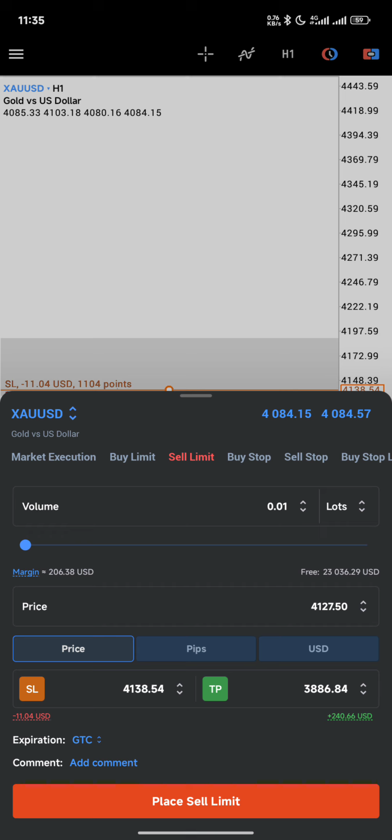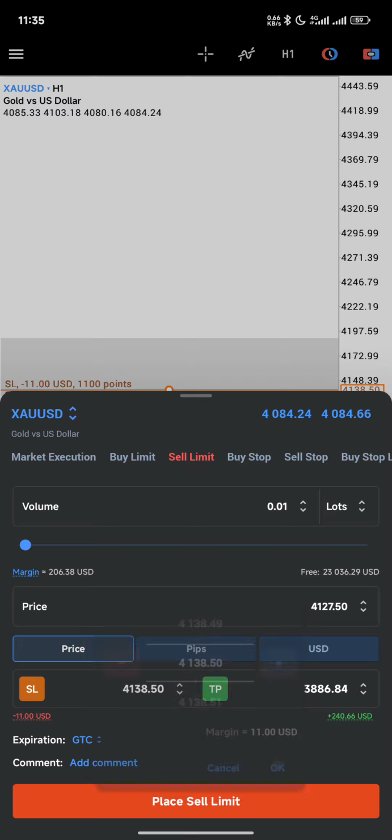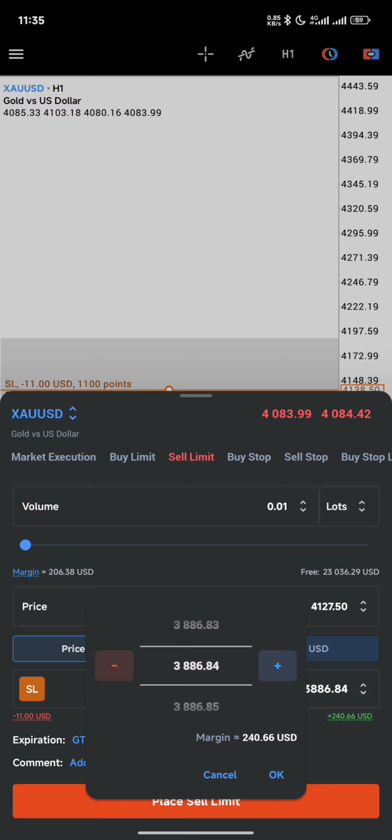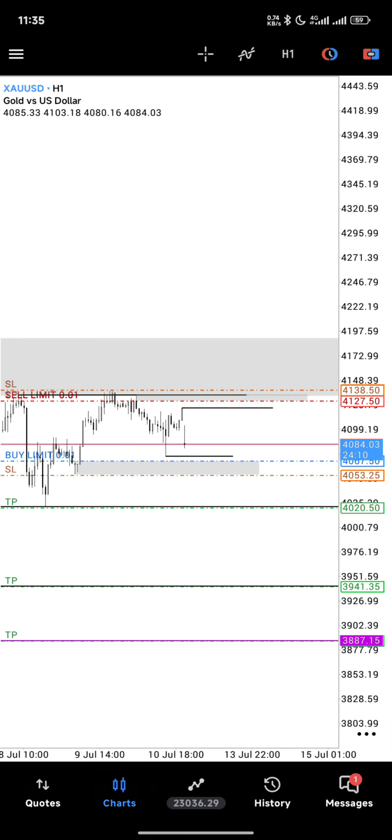Okay, it's a bit higher. And there you go. So 3 entries, 3 targets, same stop loss.